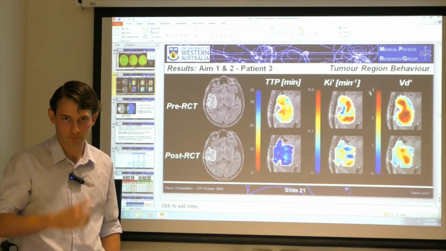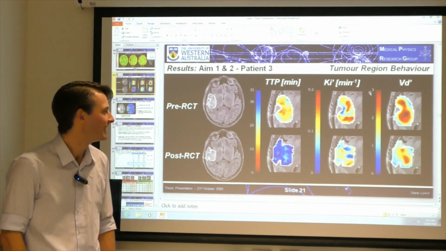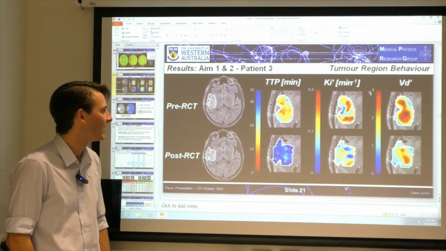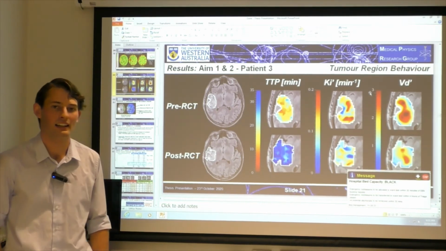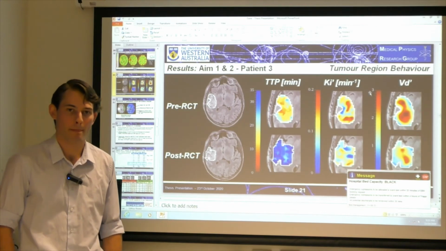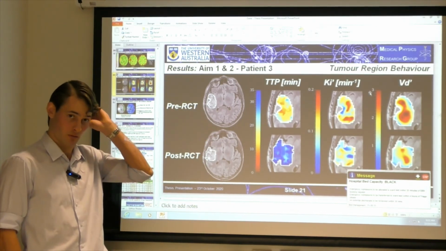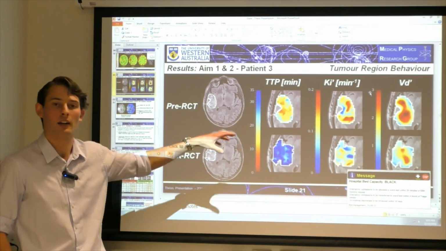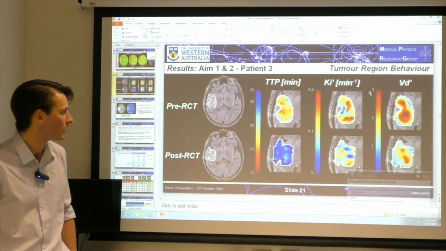And can I ask question B? Yep, that's all right. Did you ever notice when you applied all the parameters, the TTP, kinetic index, and volume of distribution, that they actually exceeded the predicted region of interest? So what you're asking is, was there uptake outside this tumour region? Yes, based on your parameters.